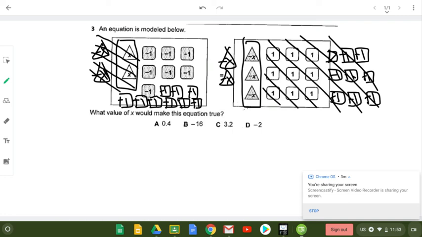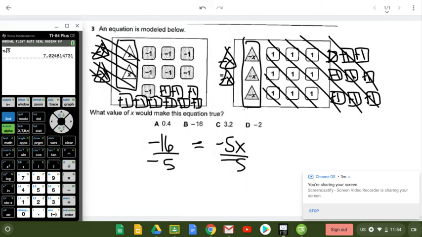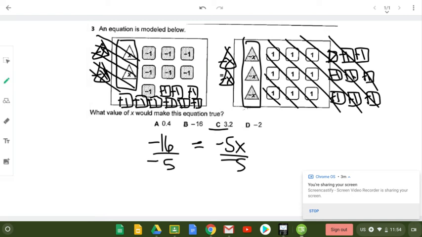So I have negative 16 on this side, and then I have negative 5x on this side. If I do my math correctly, I'm going to divide both sides by negative 5, and then when I plug this into the calculator, 16 divided by 5 is 3.2, which is letter C.